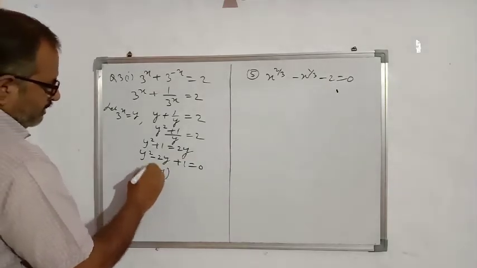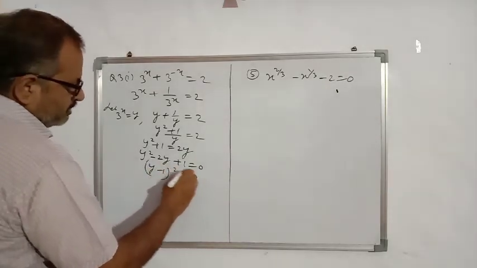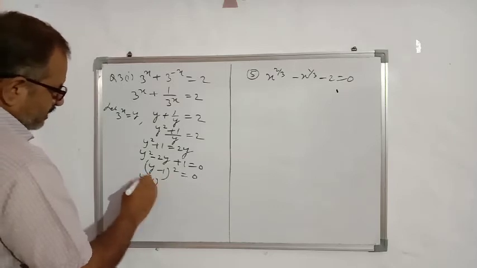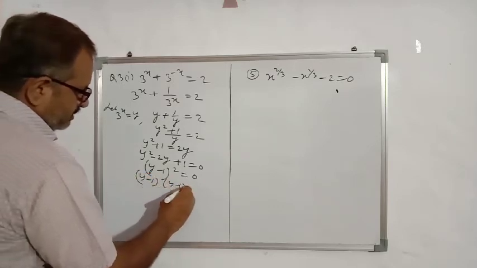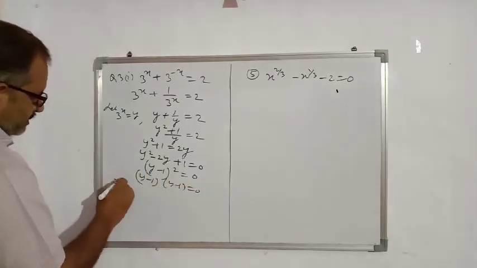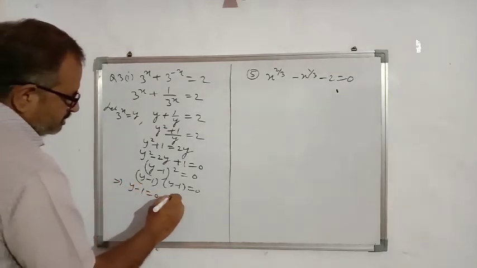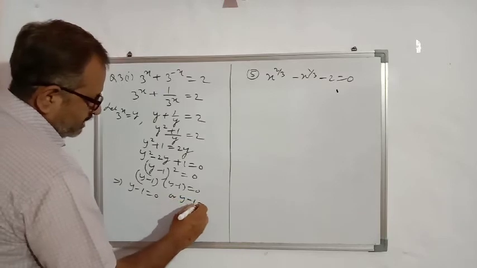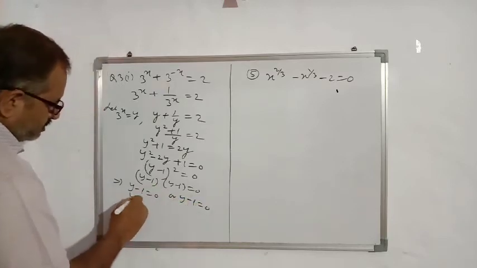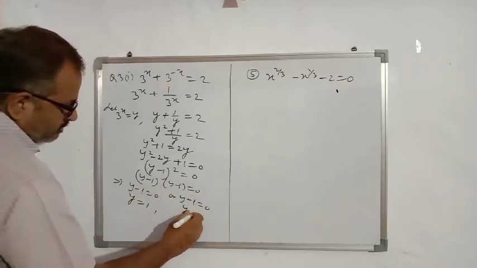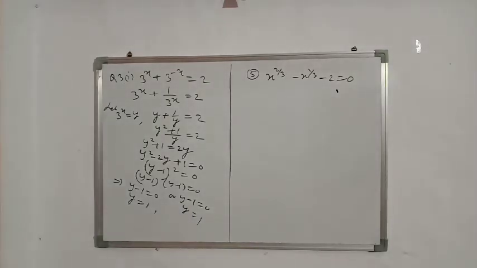It can be written as y minus 1 whole square is equal to 0. Means y minus 1, y minus 1. So we will get y minus 1 is equal to 0, and in the second bracket also y minus 1 is equal to 0. So y is equal to 1. Here also y is equal to 1.